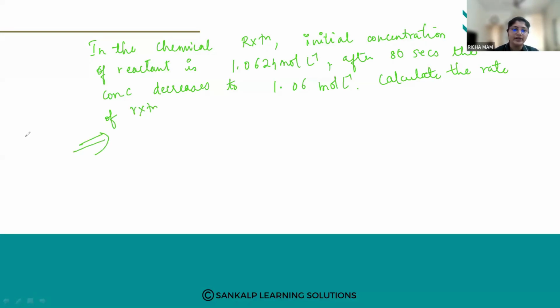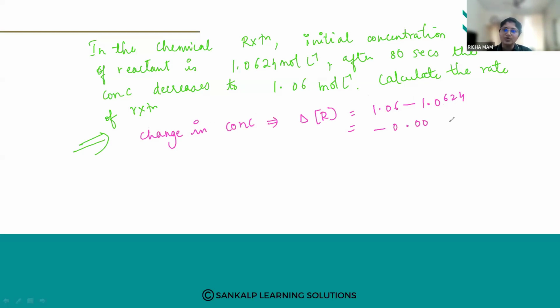How are you going to calculate it? First, we take the change in concentration. The change in concentration is given as delta R. That will be 1.06 minus 1.0624, which is minus 0.0024 mole per liter. Now what is the time taken for this change? It is 80 seconds. So how will you calculate the average rate?